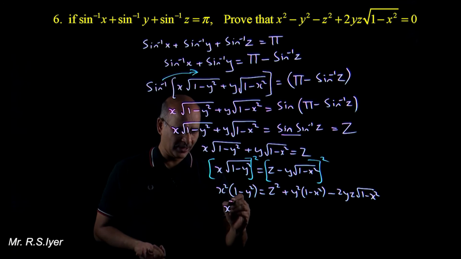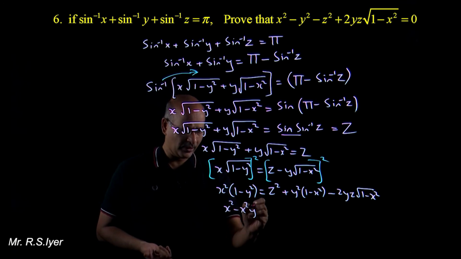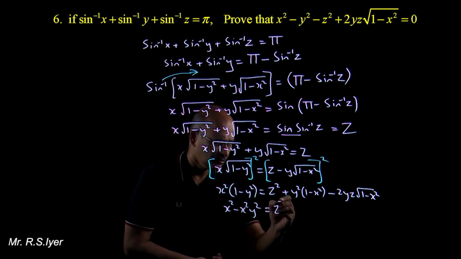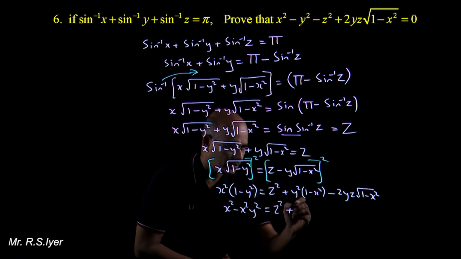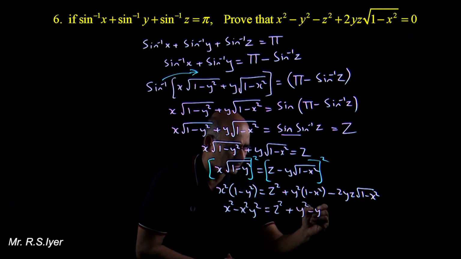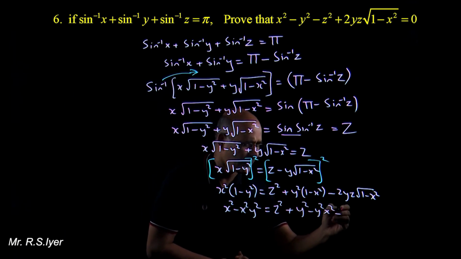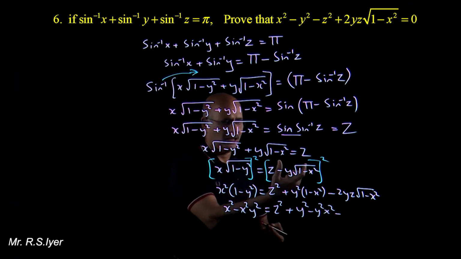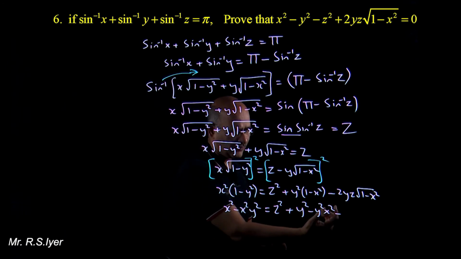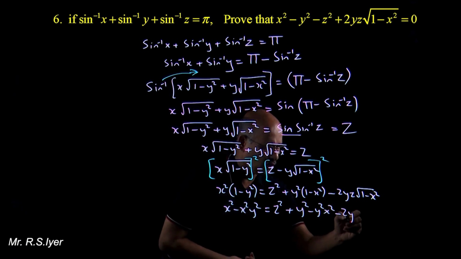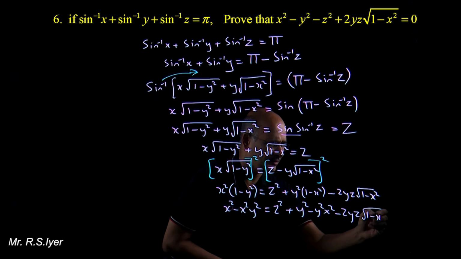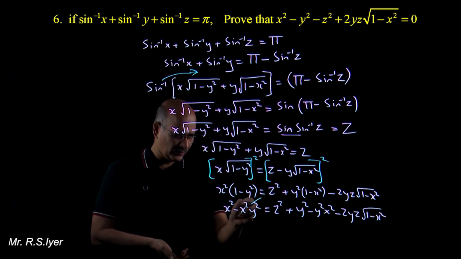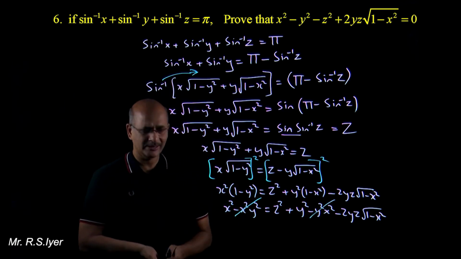If I open up, this will be x square minus x square y square is equal to, bring that z square down, plus bring that y square into, open the bracket, y square minus y square x square minus 2yz root of 1 minus x square. This remains as it is. Now what happens? Minus x square y square and minus x square y square get cancelled.